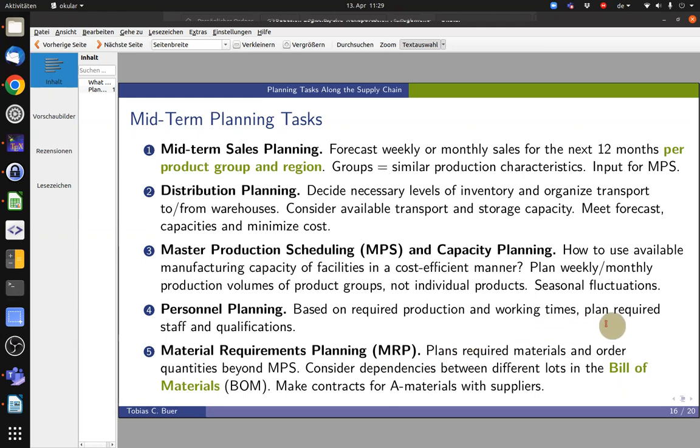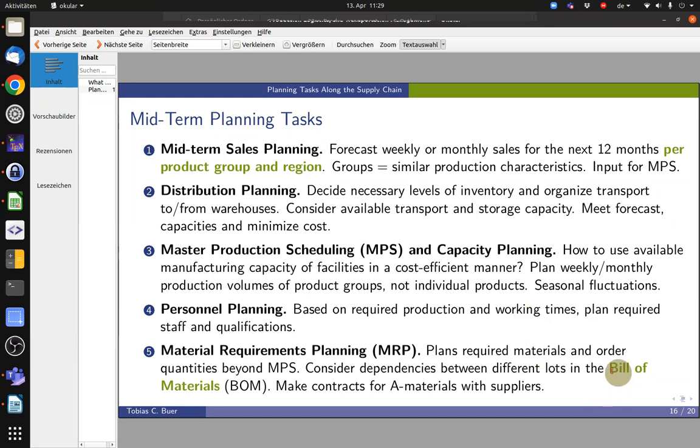And finally, on the midterm level, we have the MRP, Material Requirements Planning. In the MPS, we decide how many items of a product group we plan to produce. And on the material requirements planning level, we then look at what raw materials and parts we need to produce the MPS items.